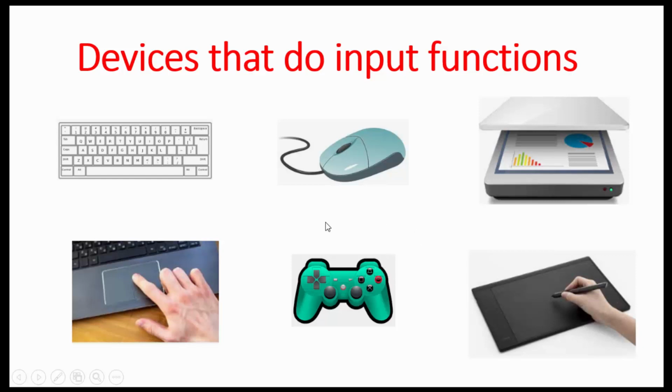Now, which are input devices? We have a couple of them here. The first one is the keyboard, and keyboard has 2 main functions. One is to type information into the computer, and it is made up of keys, you can see, and these keys have alphabetical and numeric labels on them.